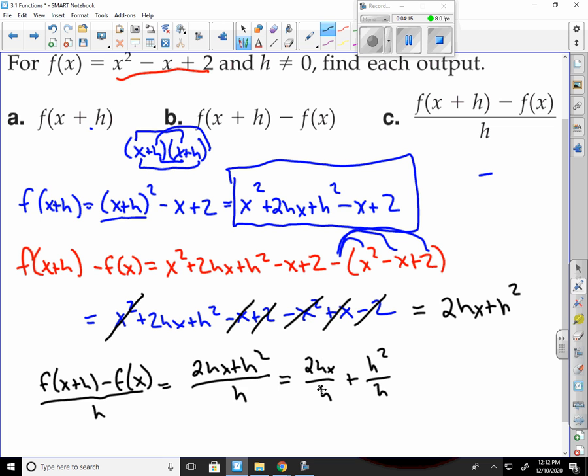And now I have 2hx over h, so those h's cancel. I have h squared, which is basically h times h divided by h. So that cancels with one of those. And my final answer is 2x plus h.